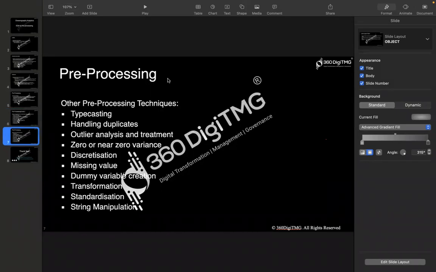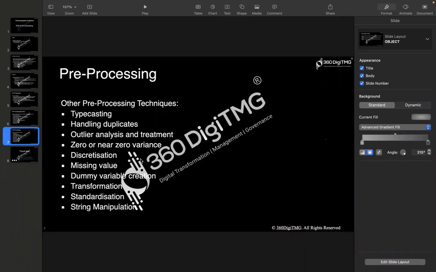In the data pre-processing, the other pre-processing techniques are typecasting, handling duplicates, outlier analysis and treatment. Then we have zero or near zero variance, discretization, missing values, dummy variable creation, transformations. Then we have string manipulation at last. We'll learn one by one what this is.